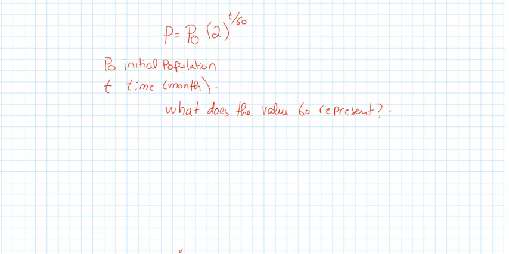So every 60 months, the penguin population doubles. Okay? So that 60 represents the doubling time of the population, which means the penguin population doubles every what?